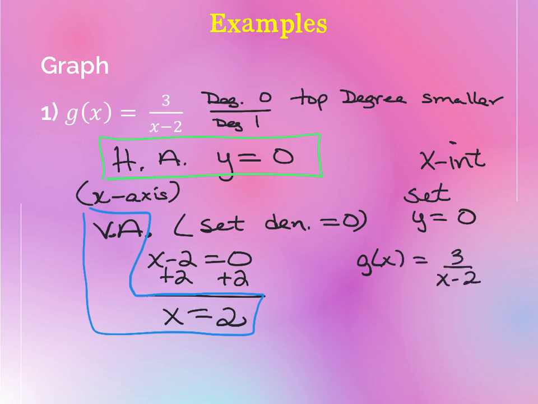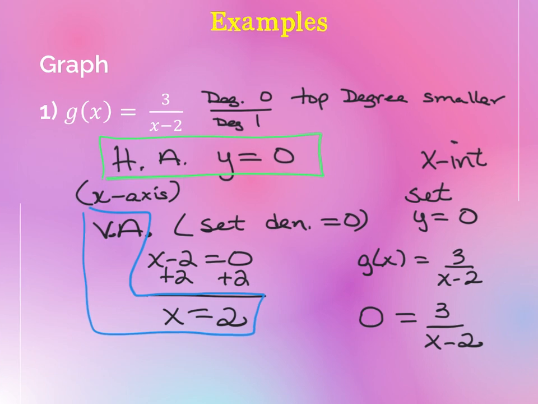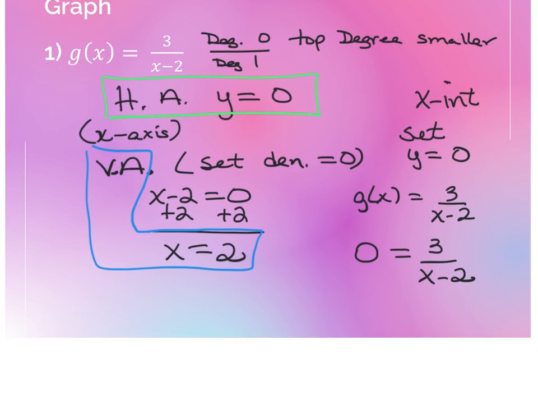I'm going to replace g of x, which is really y, with a 0, and I'm going to solve for x. Now, essentially, the shortcut to find an x-intercept is to set the numerator equal to 0. But let's go ahead and do the whole process of setting y equal to 0.